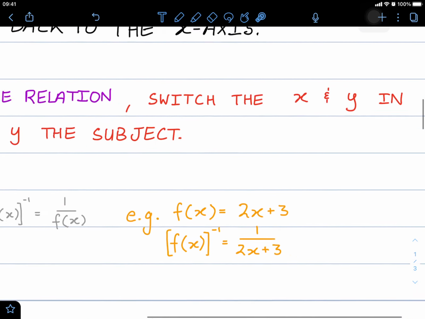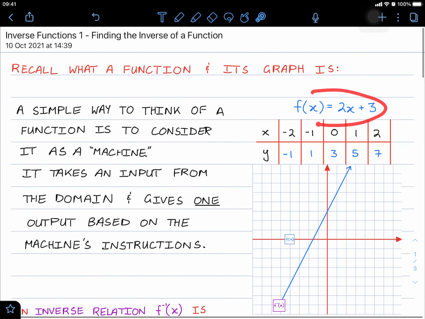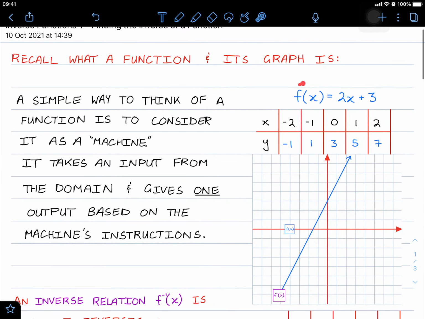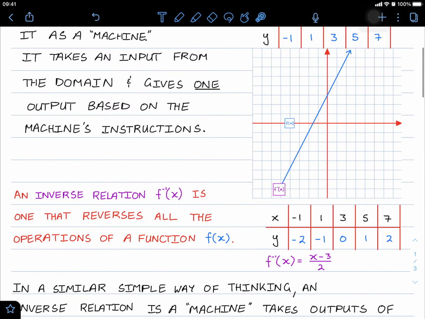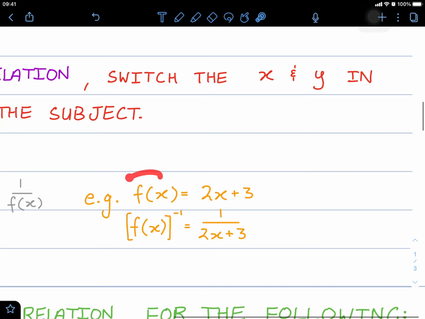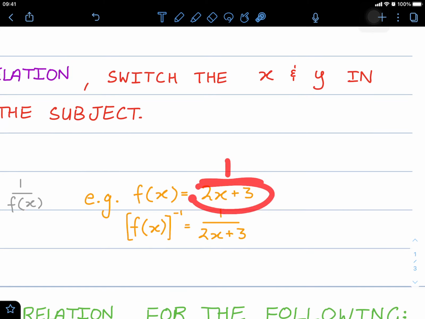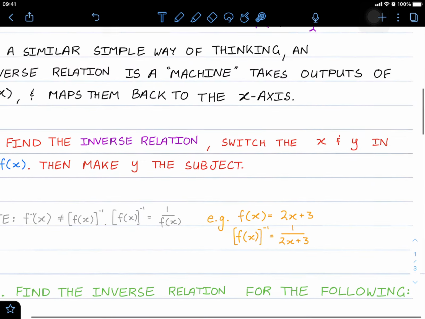So going back to our original example here, this is our function. The inverse of this is this one. That's the inverse of f of x. But if we wrote it like this, there's f of x again. If we wrote it with a -1 on the outside, we simply take 1 over the original function.